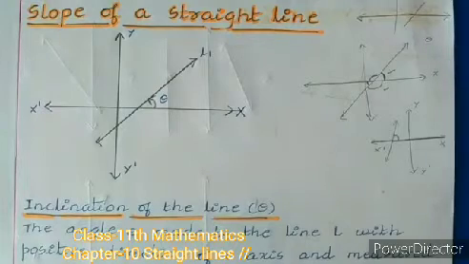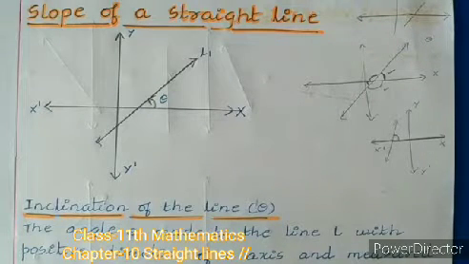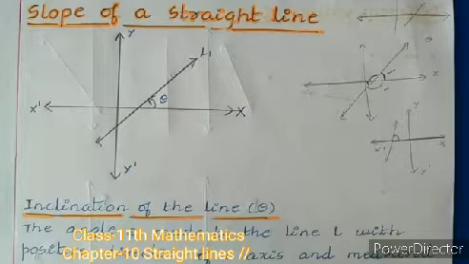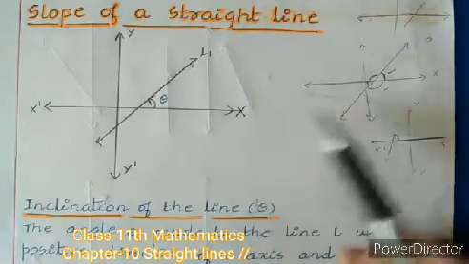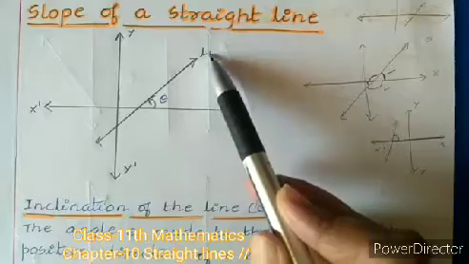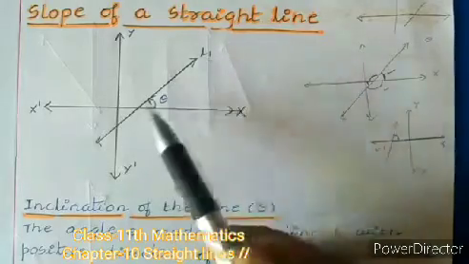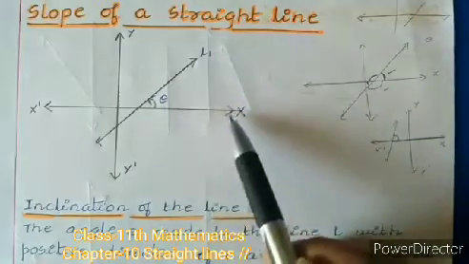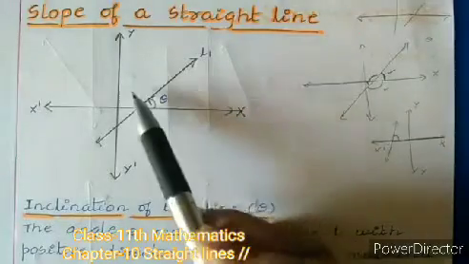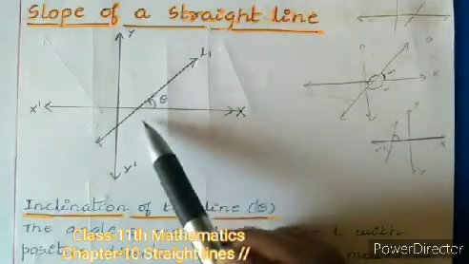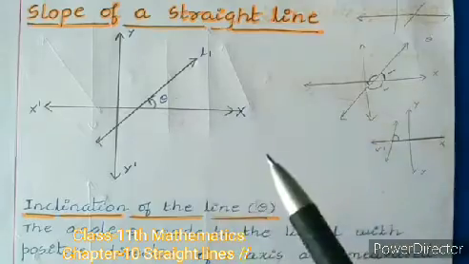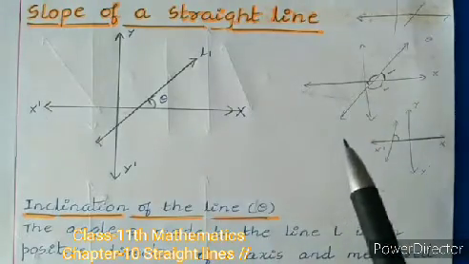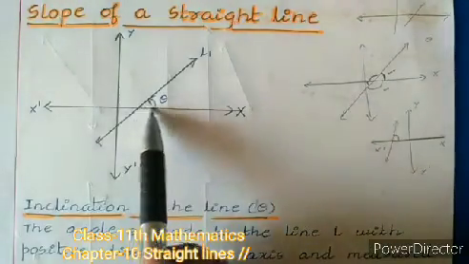So now when we are talking about the slope of a straight line, we have to consider the angle that is made by the line with the positive x-axis direction. See, in this case, here we have a line L1. This line L1 is making actually 4 angles with the x-axis. One is this one, then this one, and this angle and this angle. We have to consider the positive x-axis direction, that means this direction.